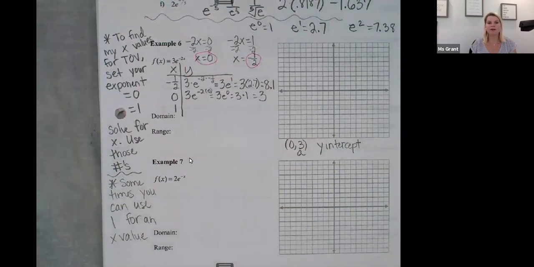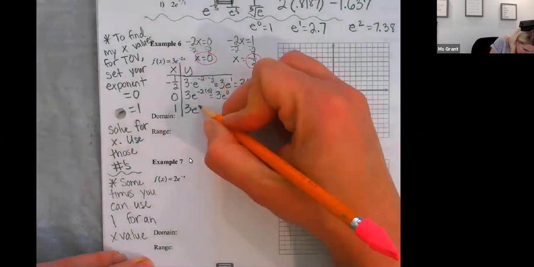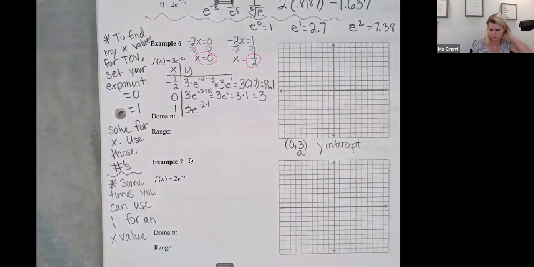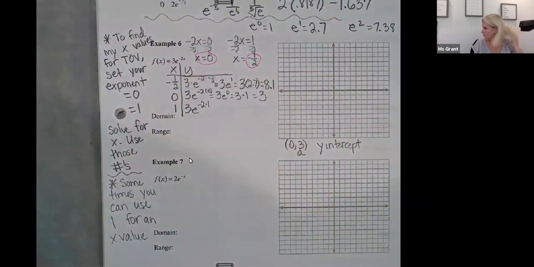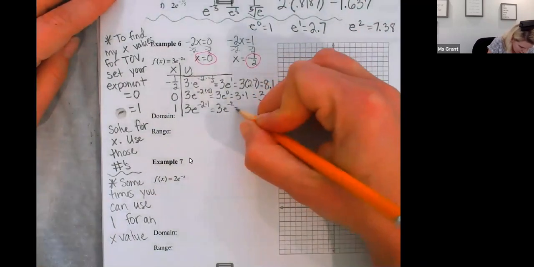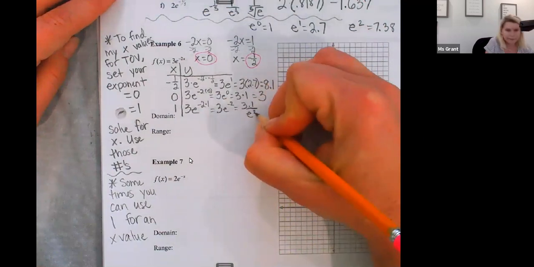Now plug in a value of 1. 3e to the negative 2 times 1. Well, that's 3e to the negative 2, which is 3 times 1 over e squared.